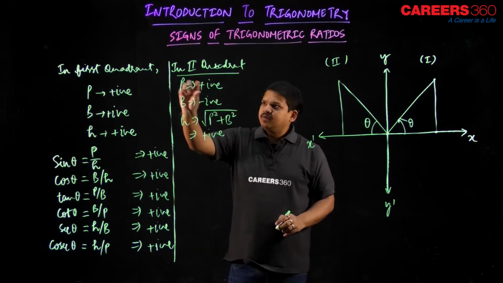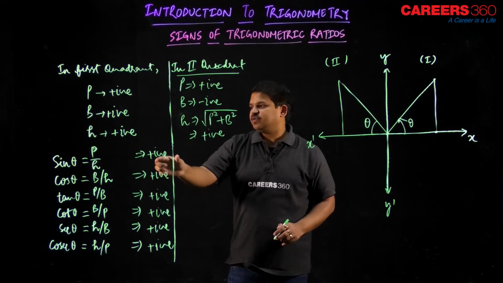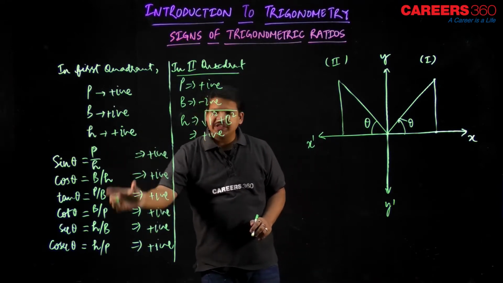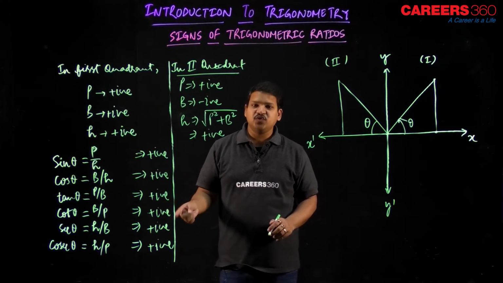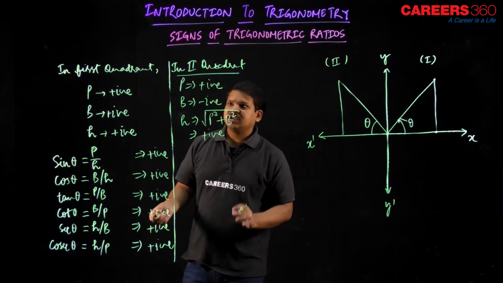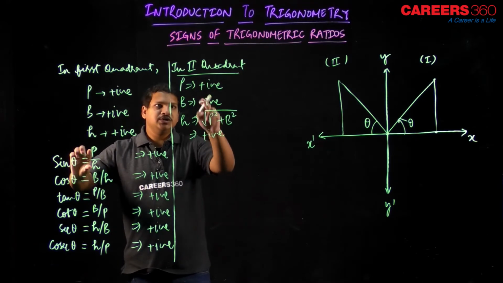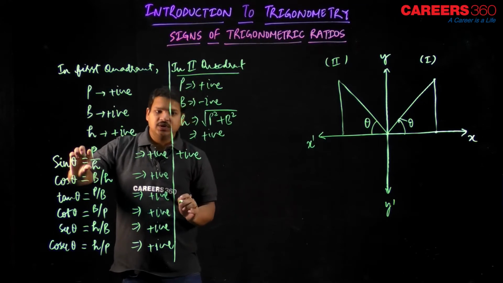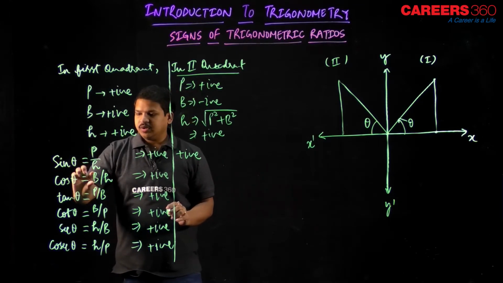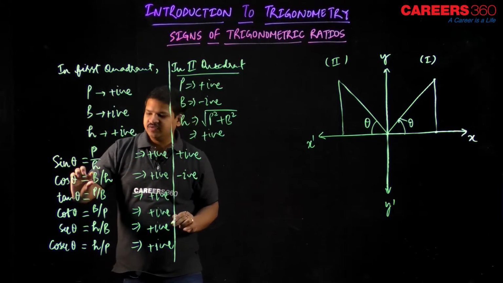So if perpendicular is positive and base is negative and hypotenuse is positive, then which of these values will be positive and which will be negative? That would be an interesting case. I have perpendicular upon hypotenuse, so this will be a positive value. But base upon hypotenuse will be a negative value.